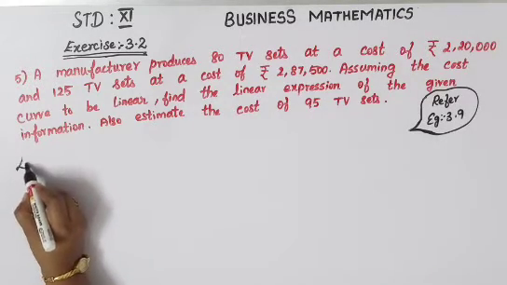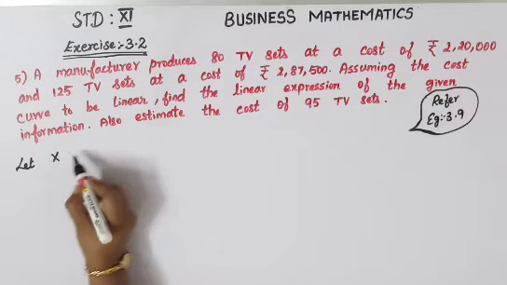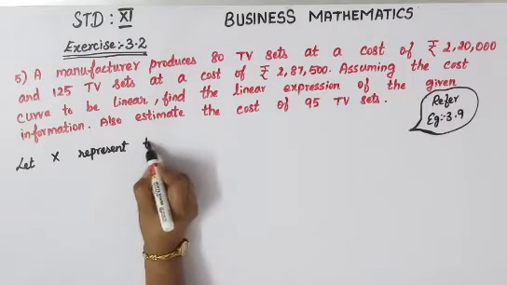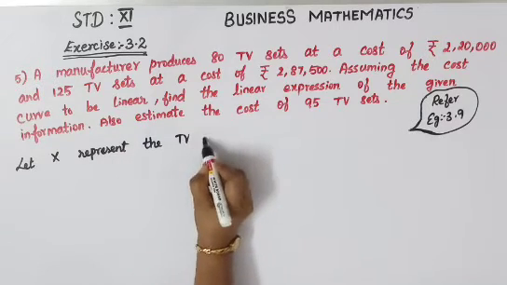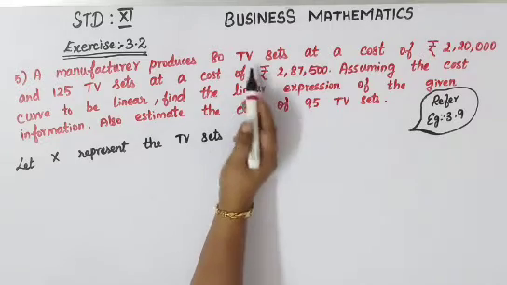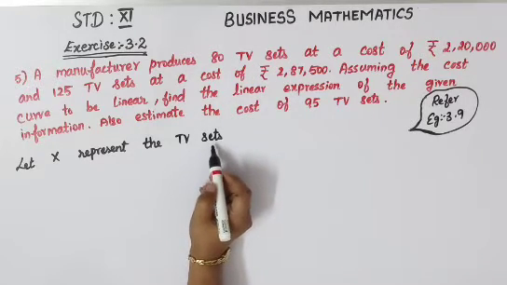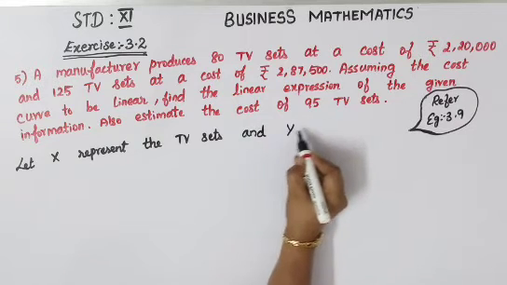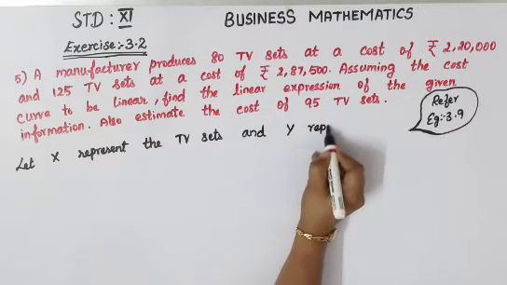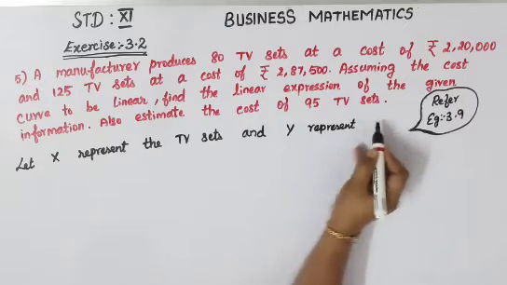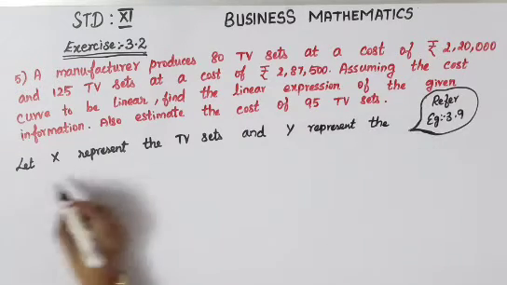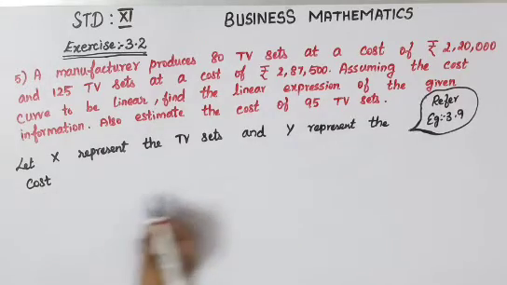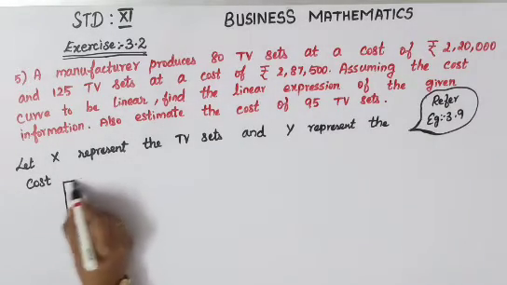So let capital X represent the TV sets. TV sets are given. Okay, so that you can declare as capital X, and Y represent the cost of TV. Okay, so therefore the cost you can declare as Y. Okay, now just represent this in your table.